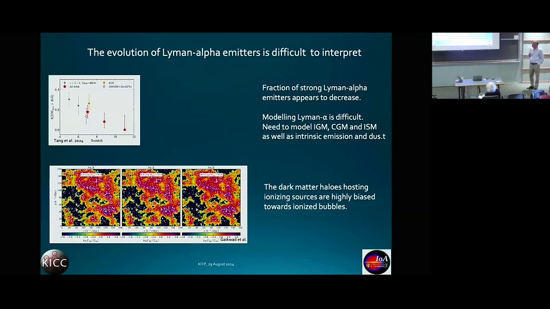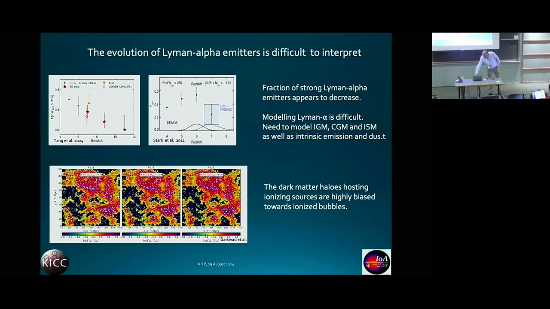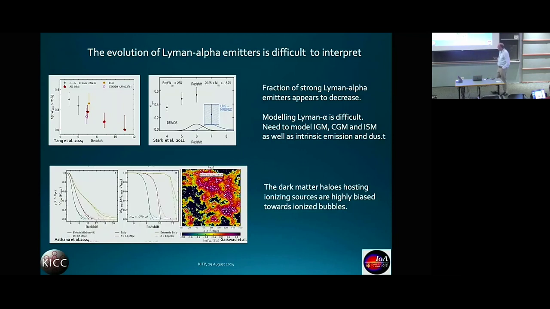And I had thought that Dan Stark would talk a little bit about his work on how these Lyman-alpha emitters evolve as a function of redshift. But here's a very nice plot from his paper with Tang et al., where Dan is one of the co-authors, where they looked at how the fraction of strong Lyman-alpha emitters is decreasing as a function of redshift. And as I'm already getting the warning for having 0 minutes, I show you just this plot of how biased the regions are.